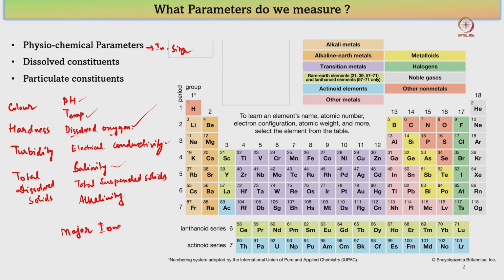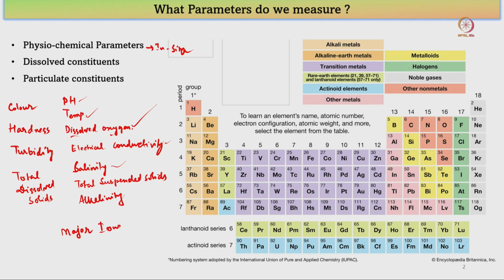Now, major ions, the concentration in the dissolved stage is divided such that whatever is more than 1 ppm is called major.